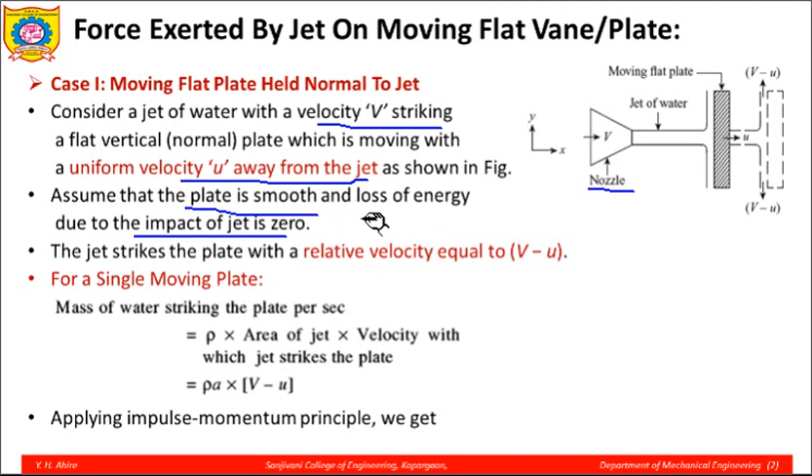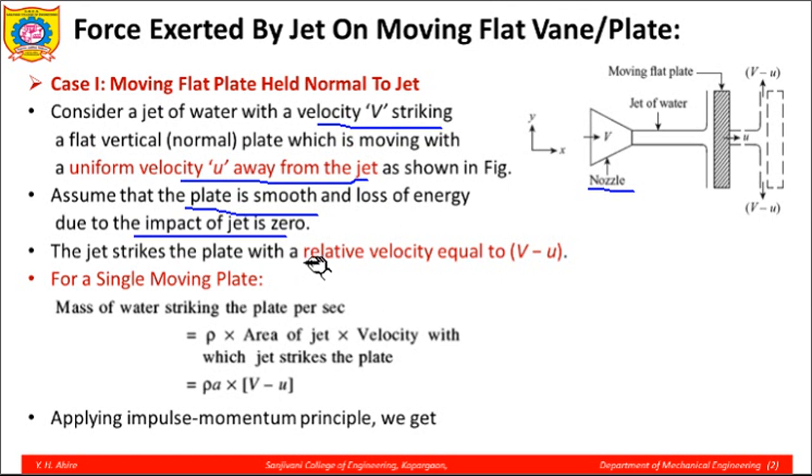With these assumptions, the jet strikes the plate with a relative velocity. Now since this is a case of a moving plate, the jet will not strike with its absolute velocity.